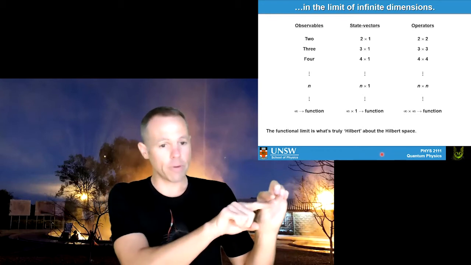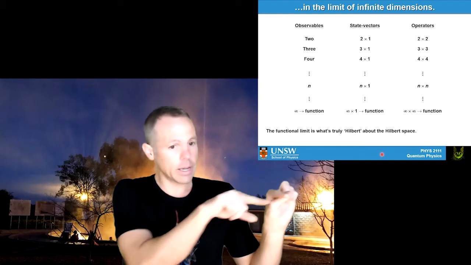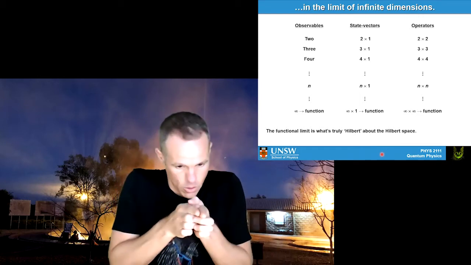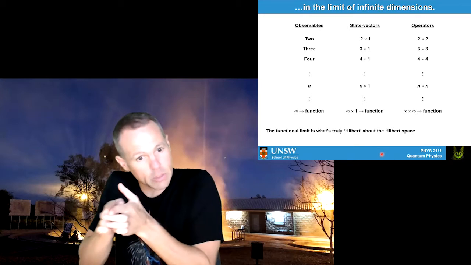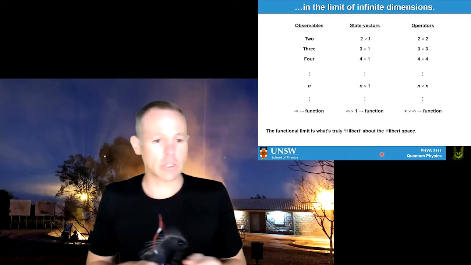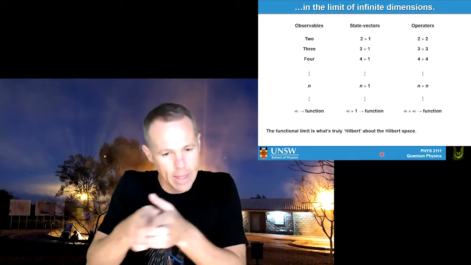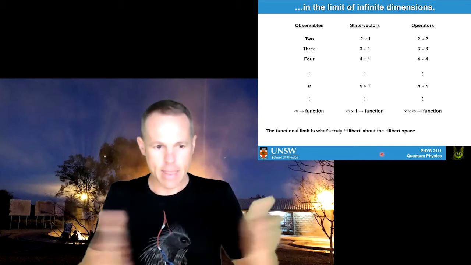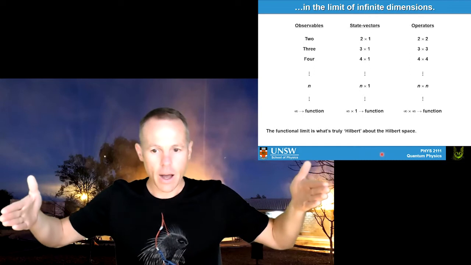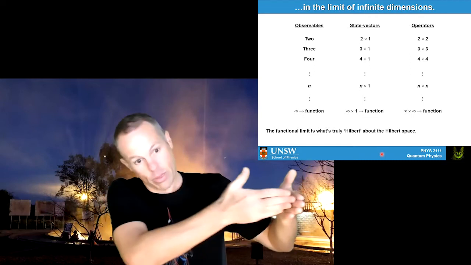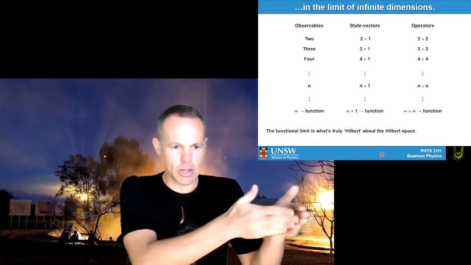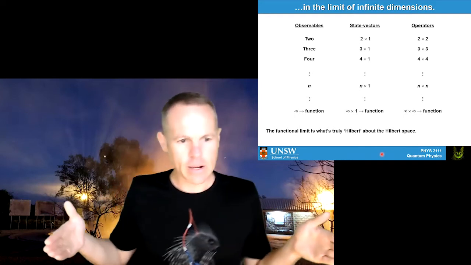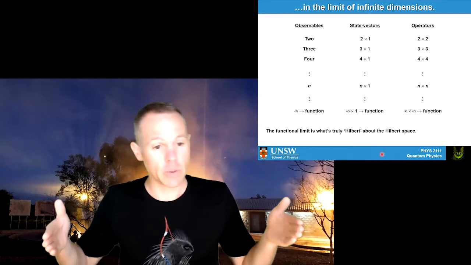If you think about a function, you've got some x-axis. It's more or less continuous in the sense that there's an infinitely small distance between all of the particular positions on that axis. Each of them has a value associated with it, and that big set of numbers, whether you see it as a vector with a whole pile of elements in it, or you just see it as a function with a whole pile of numbers running along some axis, there's not really a very massive difference between the two.